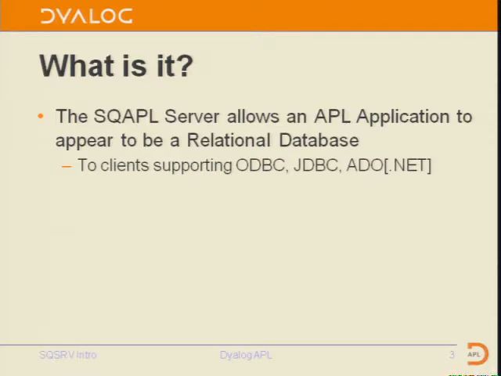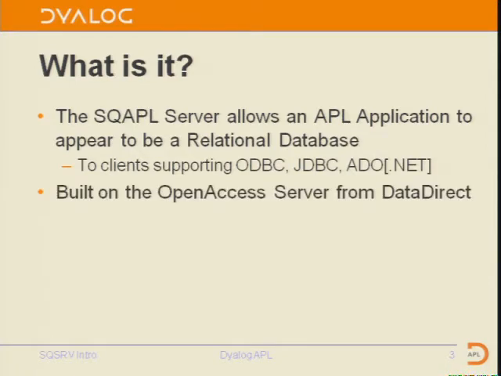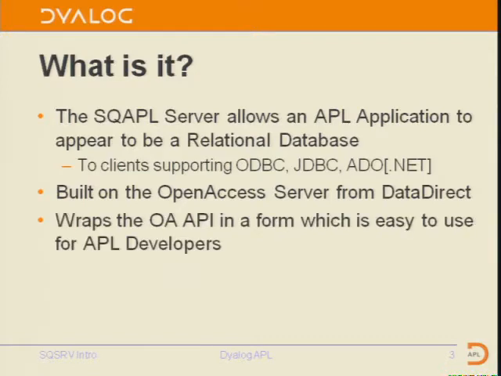So this would allow any APL application to look like a relational database, and it could be used by any client application supporting any one of these interfaces. And that means, I think, just about any application or development tool on the planet. It's built on third-party software that we use, an open access server from a company called Data Direct, who are one of the big middleware players.